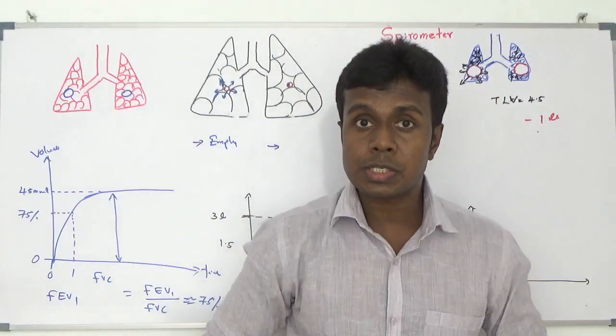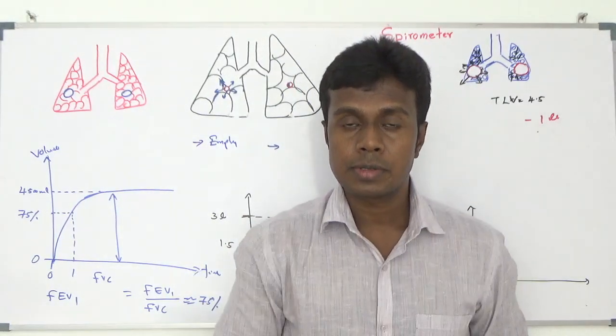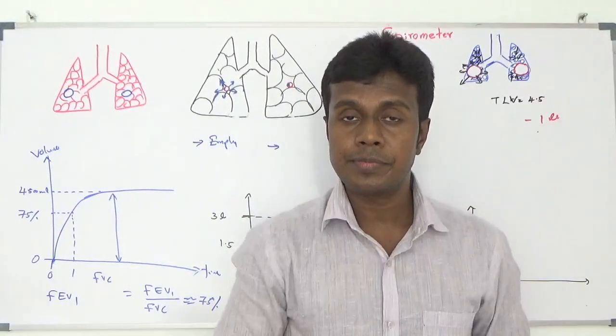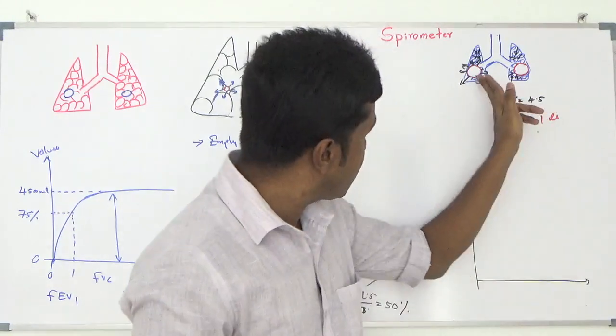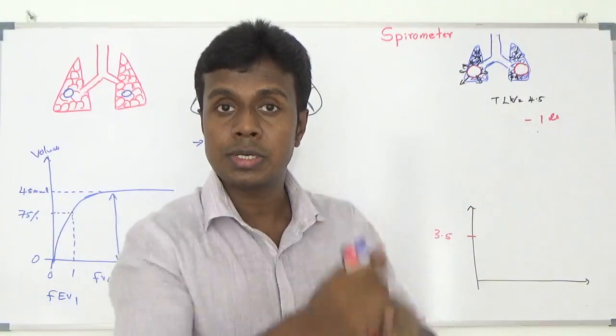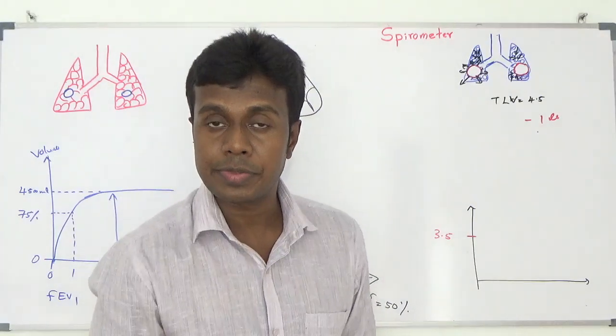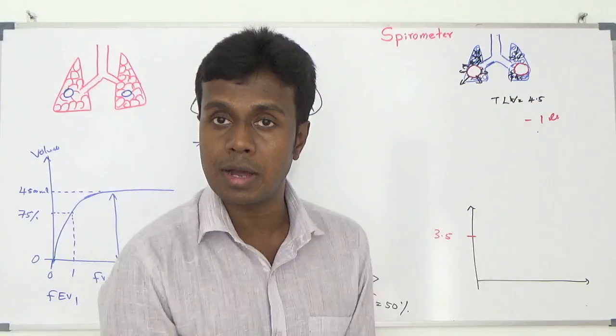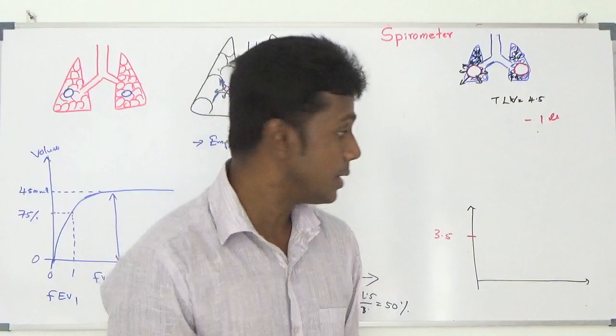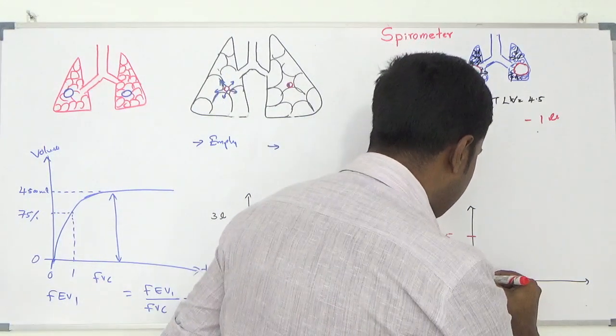Now he is going to expire into the spirometer as rapidly as possible. Because the airway is open throughout the expiratory process, they can easily remove the air from the lung. The graph will be like this.